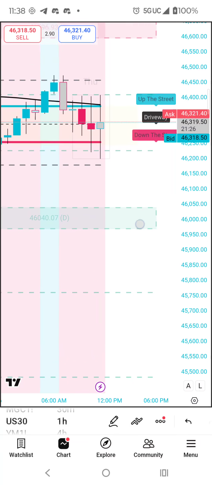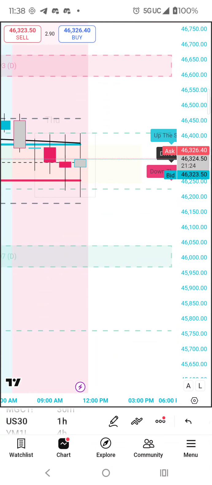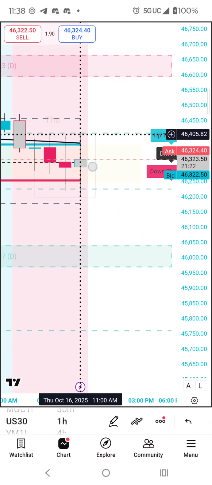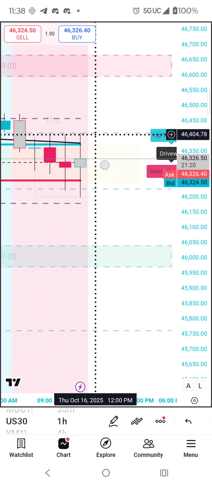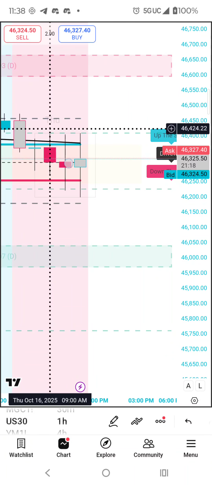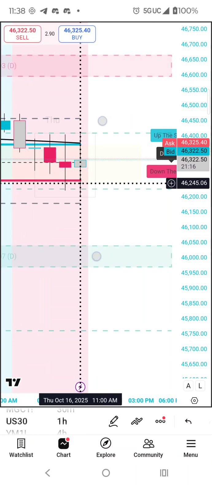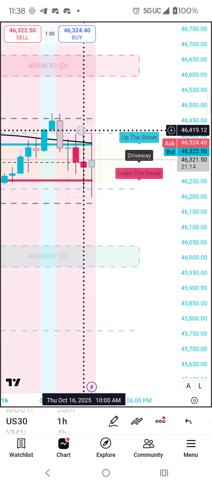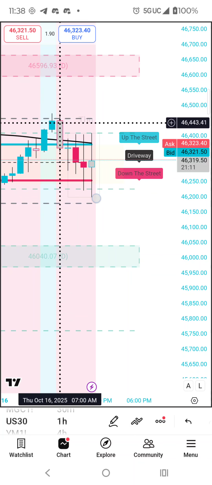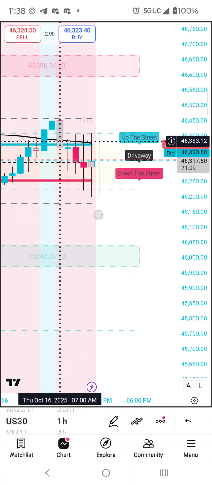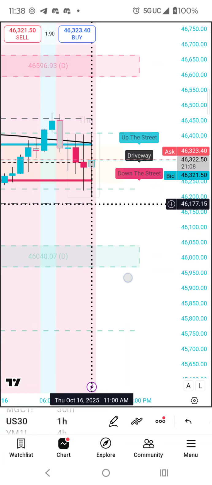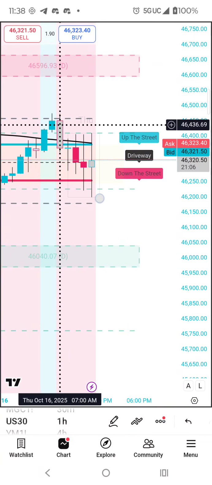Okay. See how it's playing with these levels perfectly all day. Bing, bing, bing, bing, back and forth. The original entry I had was up here. Kind of waited for it to hit this and then got in. That was a great move.